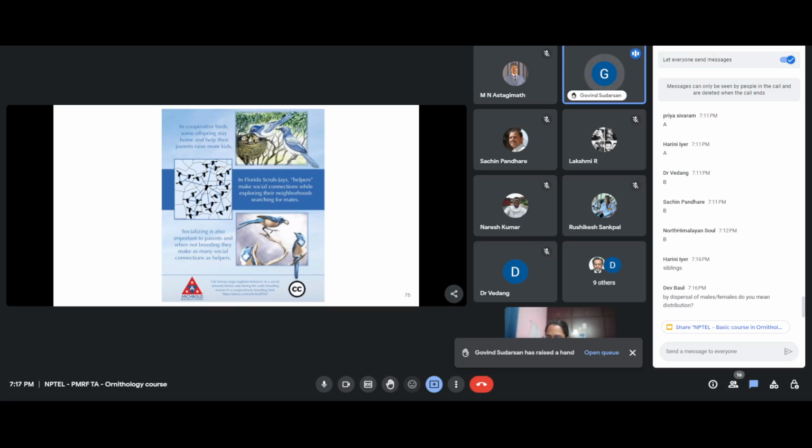Well, I was going to just point out something about their cooperative breeding nature and social connections. On the Florida scrub jay subject, my comment is that their reason for cooperative breeding is to build valuable experience and connections.